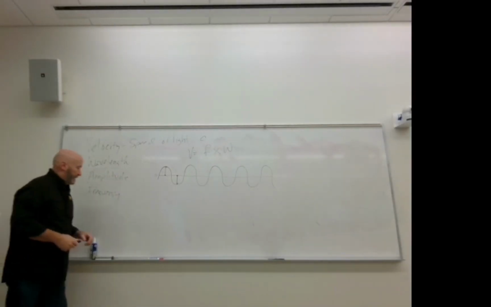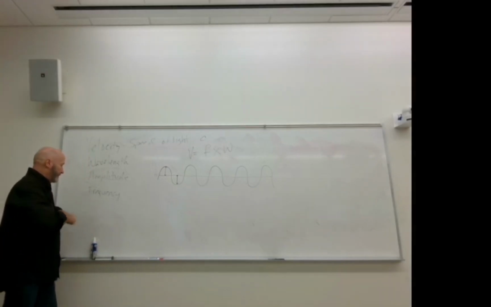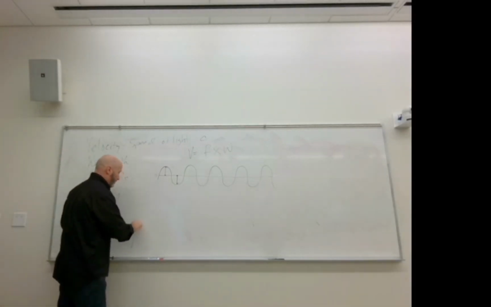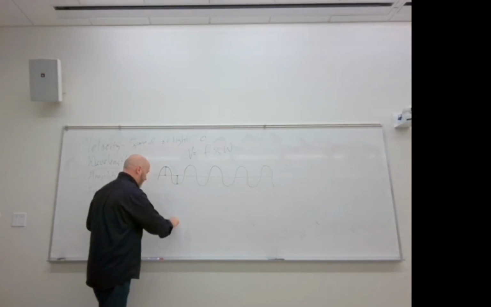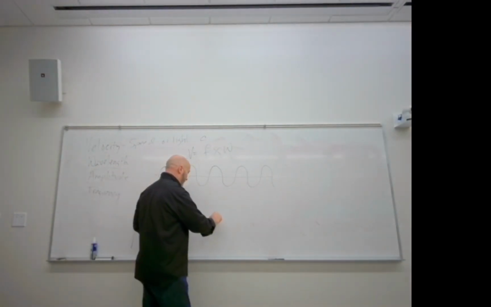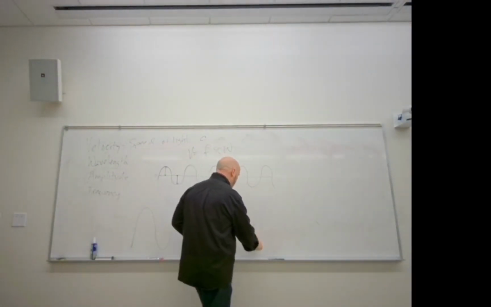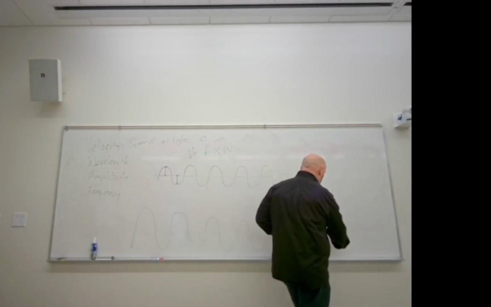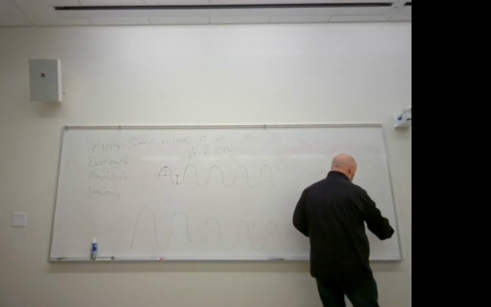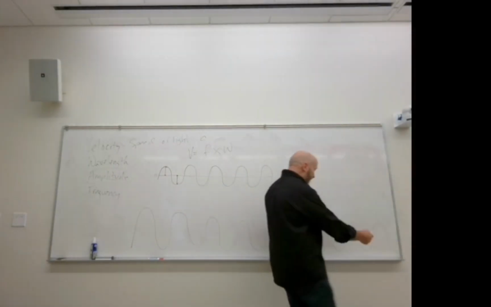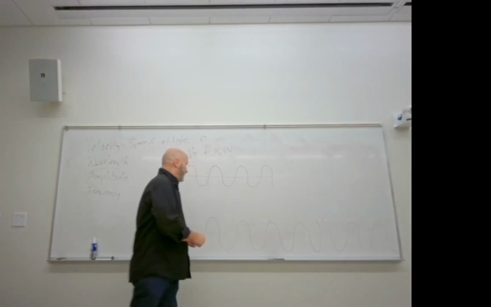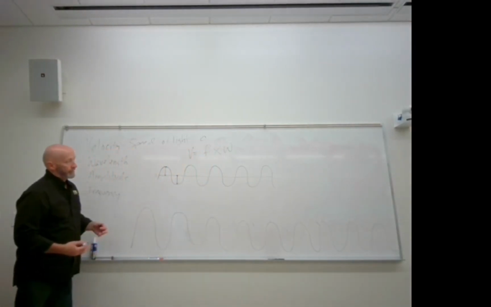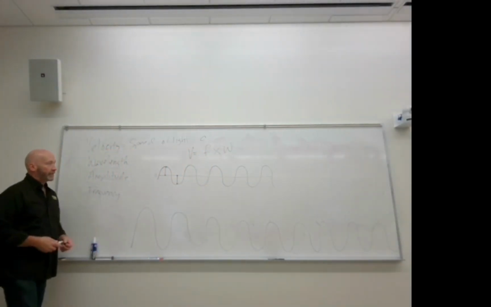All right. I'm going to draw a separate wave down here. I'm going to go all the way to the edge of the board over there. All right, so frequency speeds up and slows down, speeds up and slows down. But before we get to that, let's define what these are.